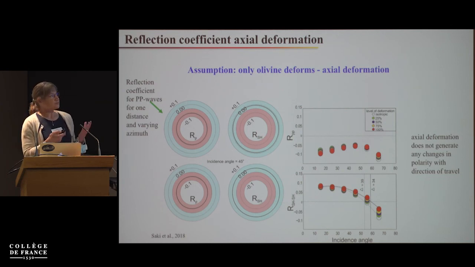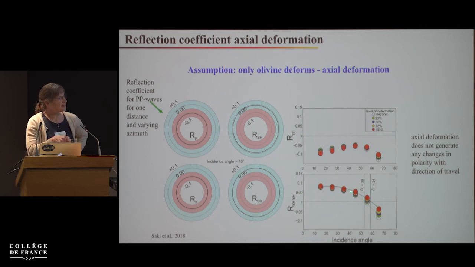In this case we actually look at two deformation styles: axial deformation and shear deformation. Here you see the reflection coefficient for this precursor and for axial deformation. For axial deformation, so basically you push down, you can see that the reflection coefficient doesn't really change.